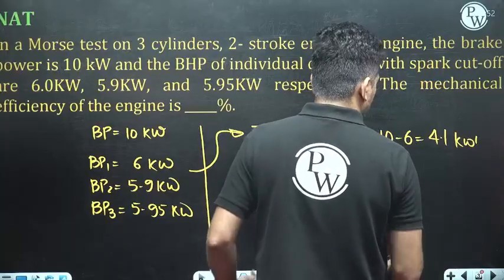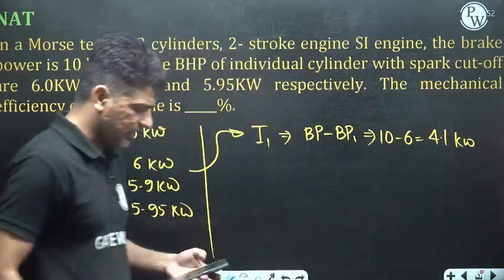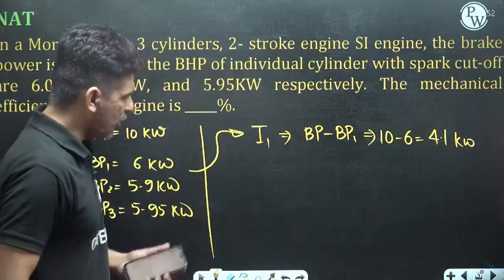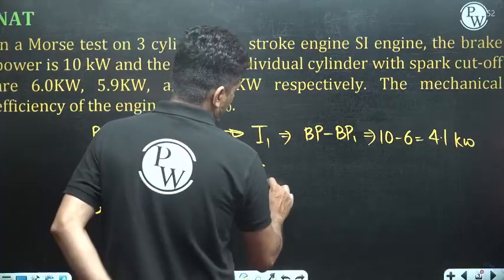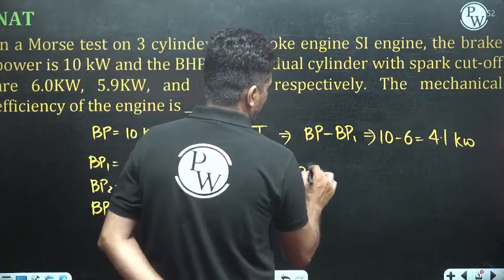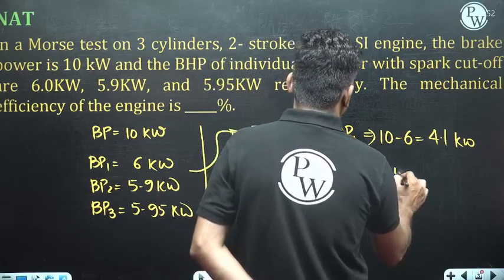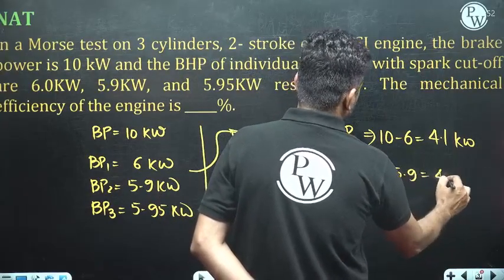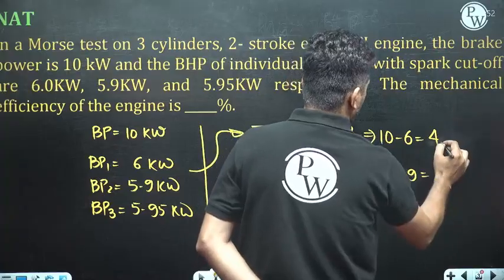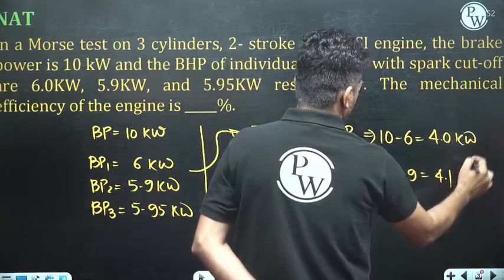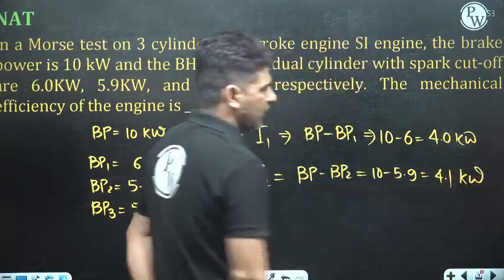Is it clear? Next, the indicated power of cylinder 2 is equal to brake power minus BP2, that is 10 minus 5.9, which is 4.1 kilowatt.